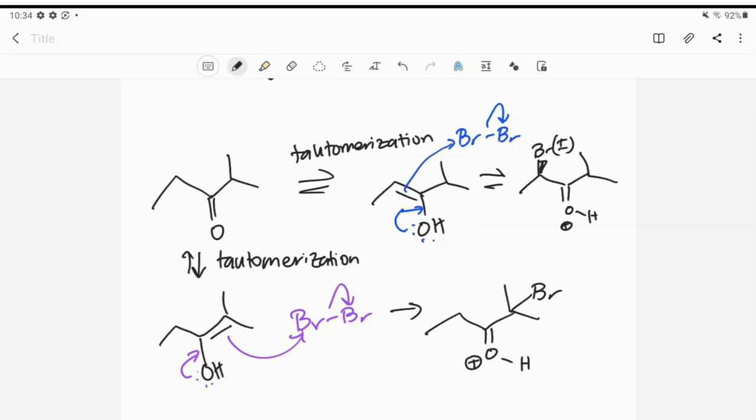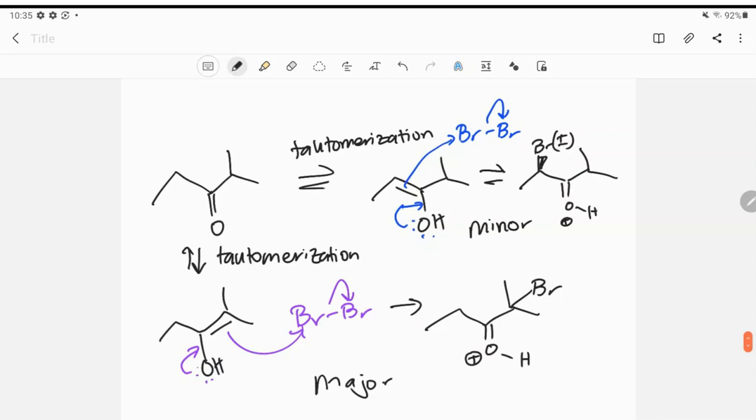And yes, if this were a chiral molecule, you would have a racemic mixture there. And so again, this is the major one down here. This is the minor one up here. These are the tautomers. There are two different tautomers of this molecule, and they can both react, but the one that's more stable will lead to the major product, which is putting the bromine on the more substituted alpha carbon.